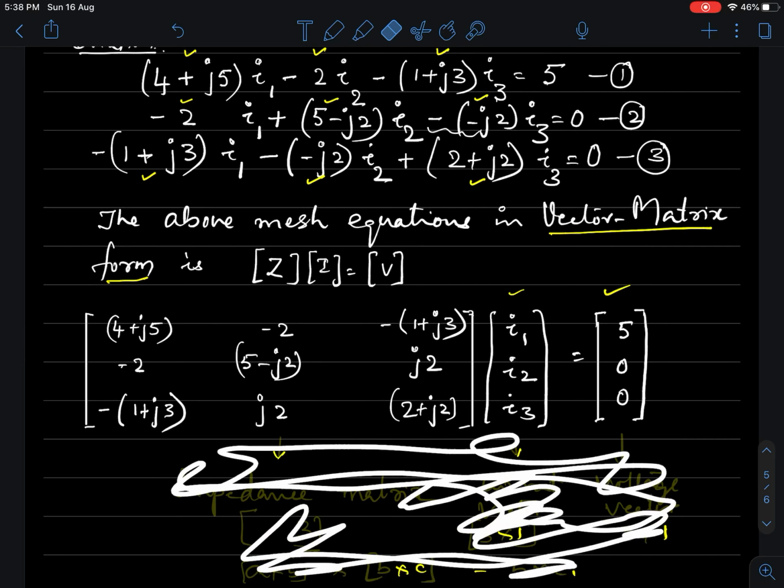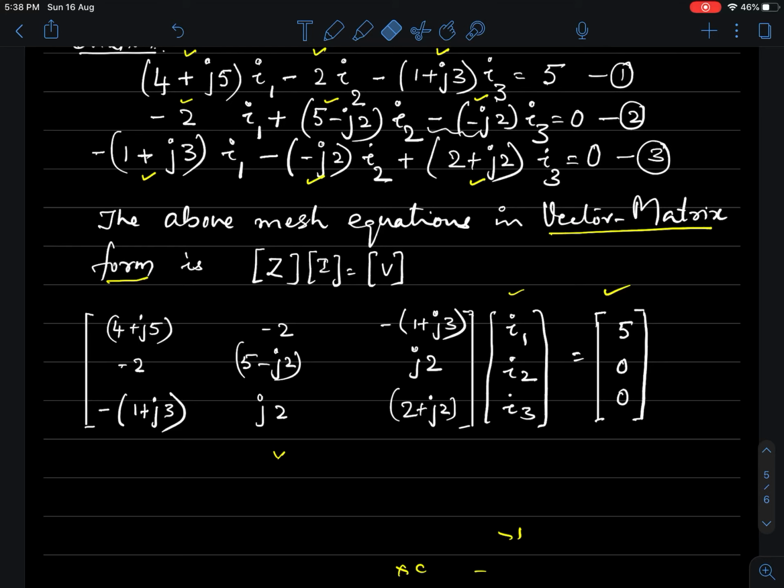There is an interesting thing to be observed. In this impedance matrix, we can easily identify some important things. If you observe this matrix, Z12 is equal to Z21, which is equal to minus 2.